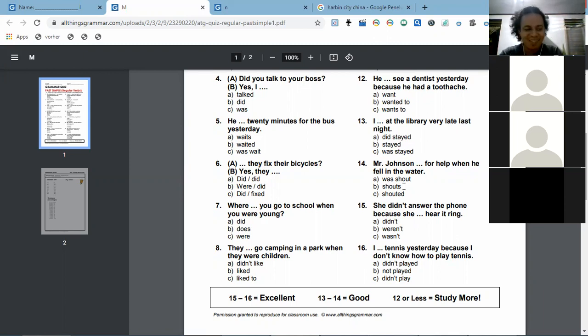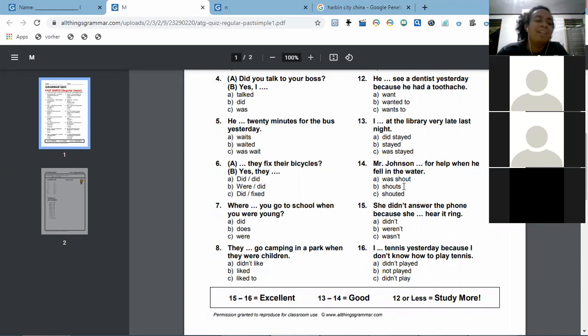Oh, okay. So what we review right now is past tense. So all of these are past tense. I think now you know that your feeling is incorrect because shouts is for present tense. Now you see that your feeling is not always right.